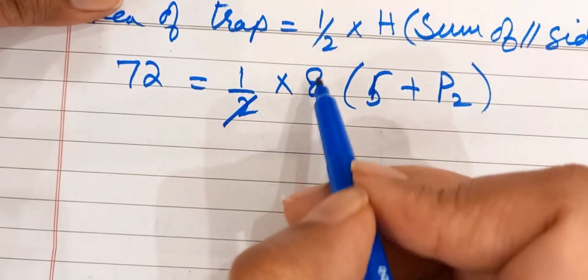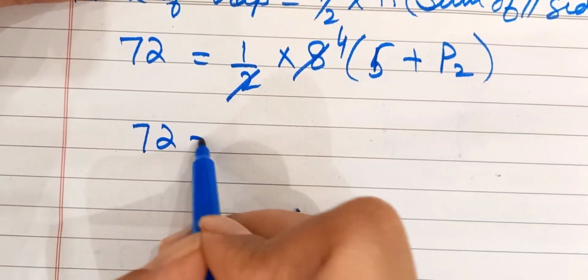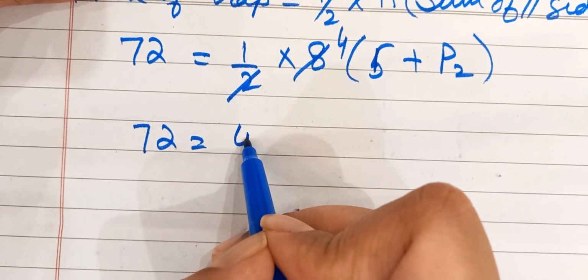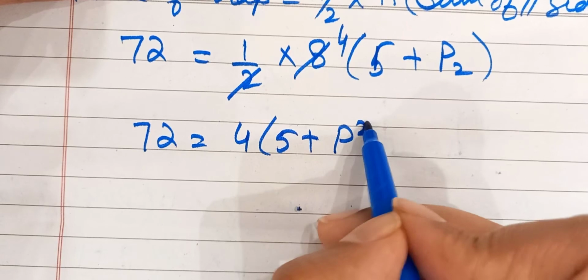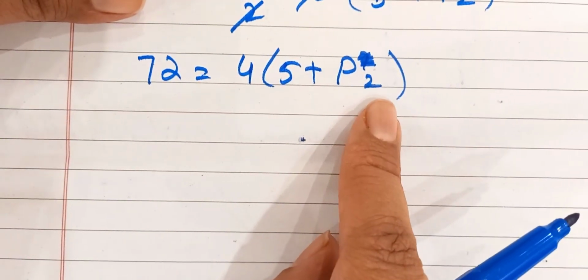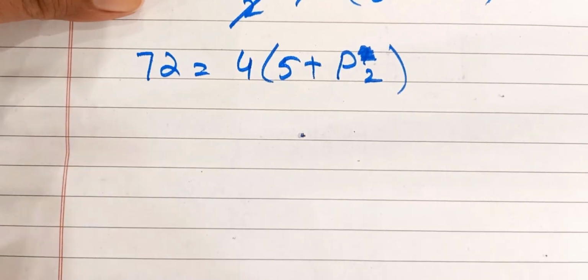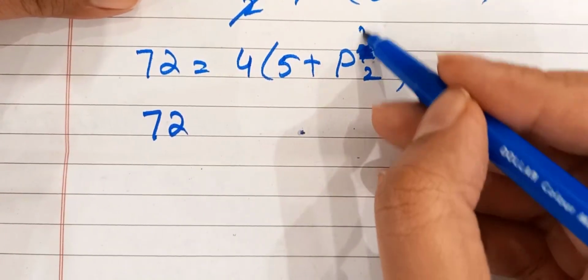Now here the 2 will be crossed out with this. So 72 is equal to 4 into 5 plus P2. Now I will open the bracket first, then I am going to swap it. So 72, consider this P2 as X.